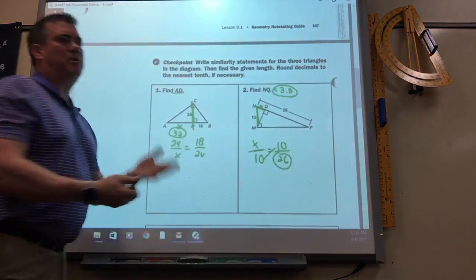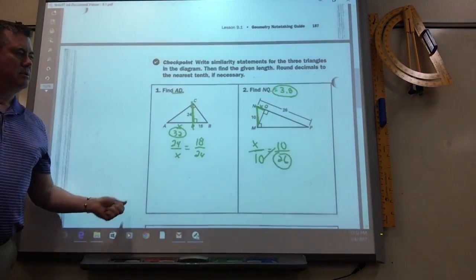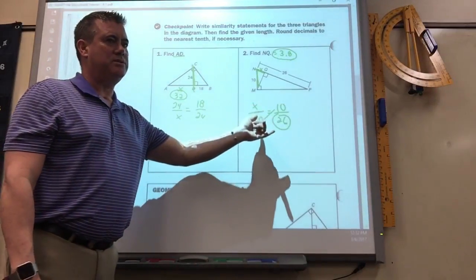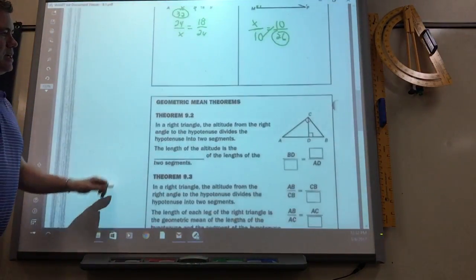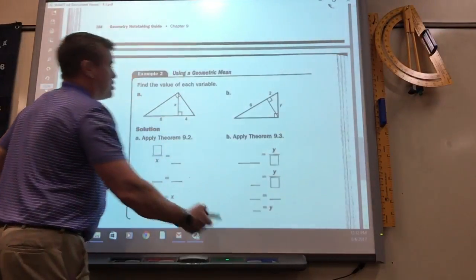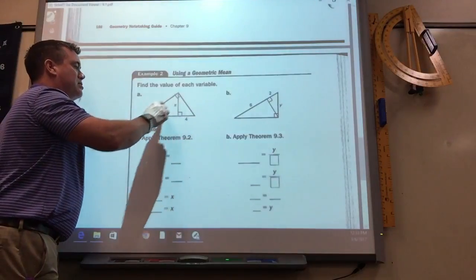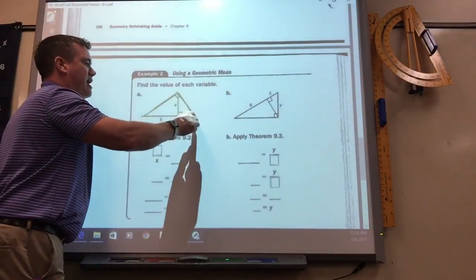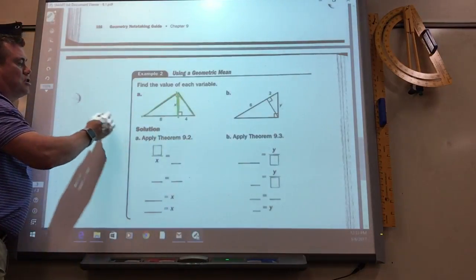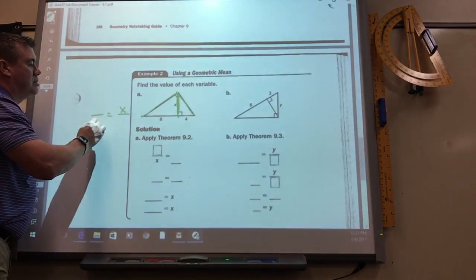So once you set them up, they're simple to do. It's just you got to remember which one is the geometric mean that goes in there twice, and then what are the other two numbers you got to use. So remember, the geometric means are this, this, and that. In this case, they're looking for that right there. So that goes in there twice.